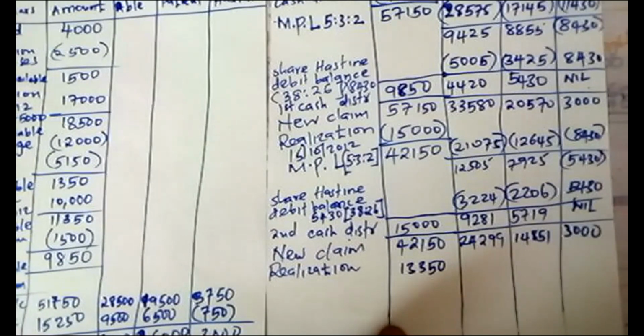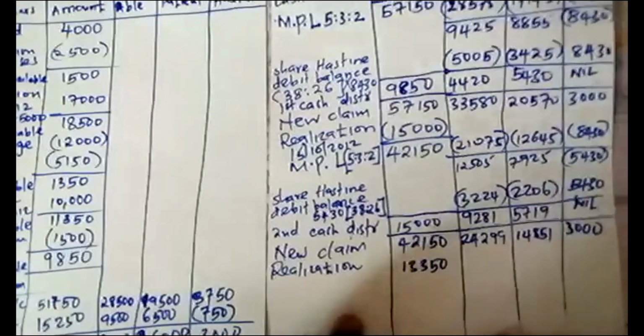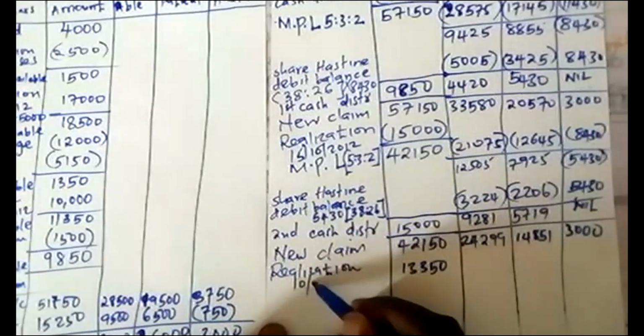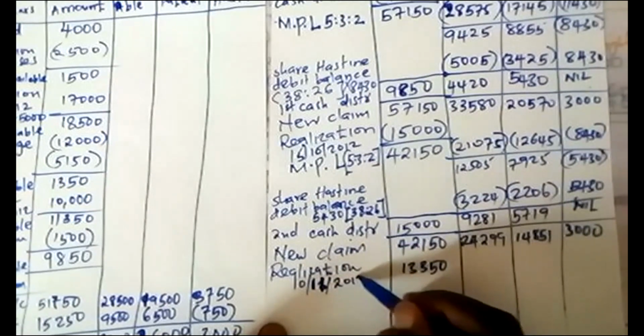And that one was on 10 November. Yes, it was 10 November. So you have to record that date. Remember, in accounting, dates are very important. 10 November 2012.